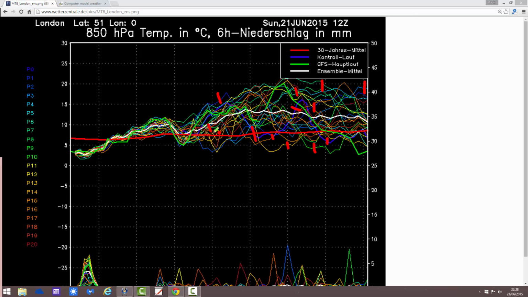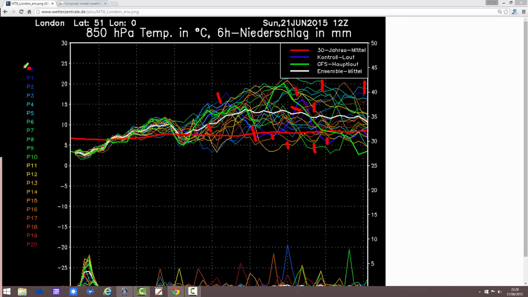There's 20 members of the GFS ensemble, plus the control, and then plus the operational run as well. So each individual coloured line is representing one single member of the GFS ensembles, one single perturbation.